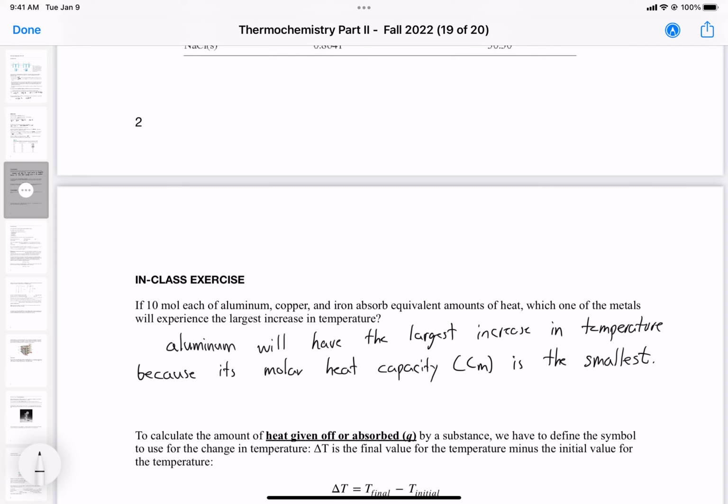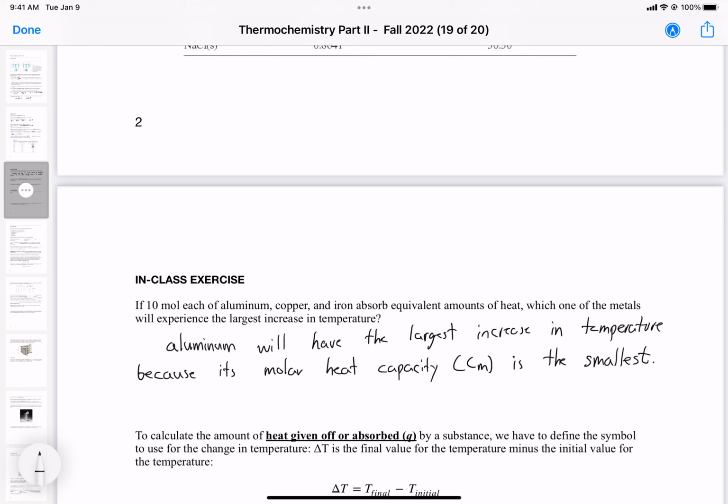Okay, so that will be the smallest. So aluminum will have the largest increase in temperature because it takes less energy to increase its temperature.